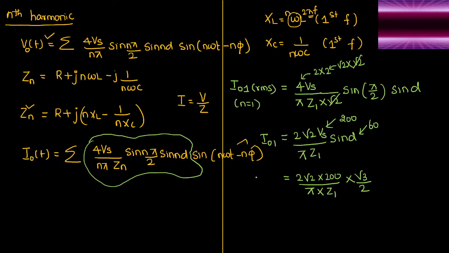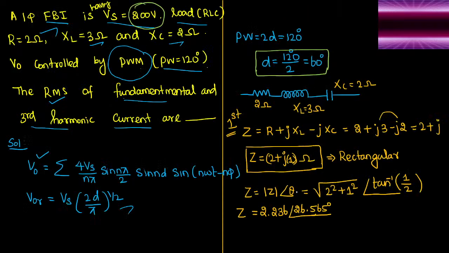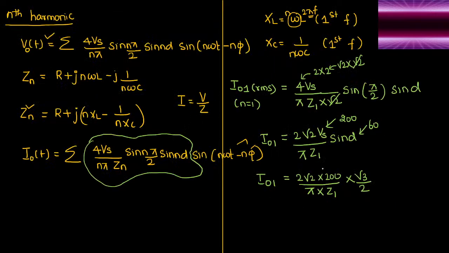So the impedance Z1 alone is not known now. We know that value, go back. The value of the fundamental impedance is 2.236. I have just considered this impedance directly without considering any harmonic effect. Here I am assuming that n equals 1, that is fundamental only. So directly we can take this 2.236 and substitute here.